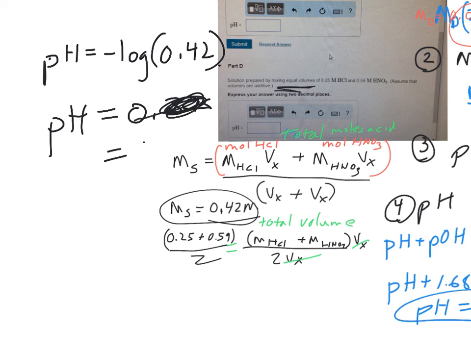The pH is 0.38. That is really low. But that's your answer, and that's it.